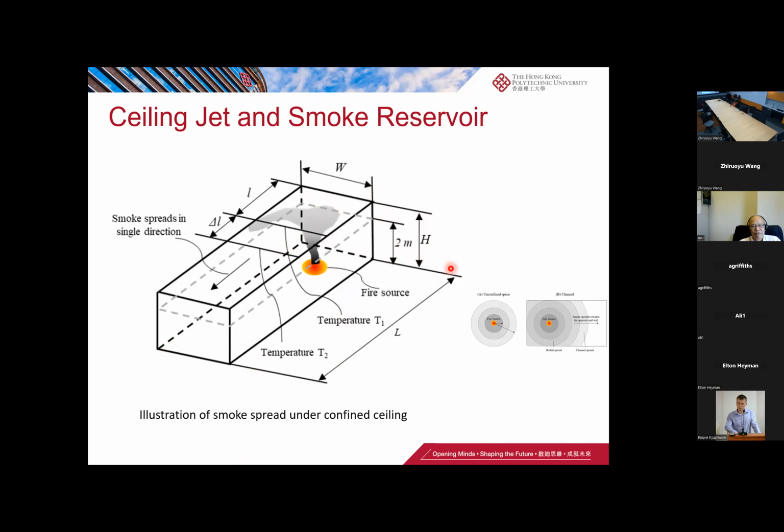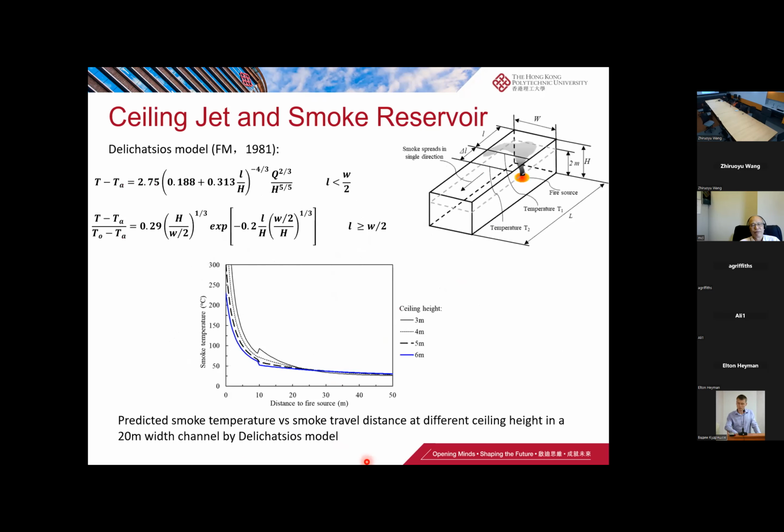We have a height H with the smoke spreading along the reservoir. To investigate this case, we found a reference from the literature. Delegacies have done very similar work with these two equations.